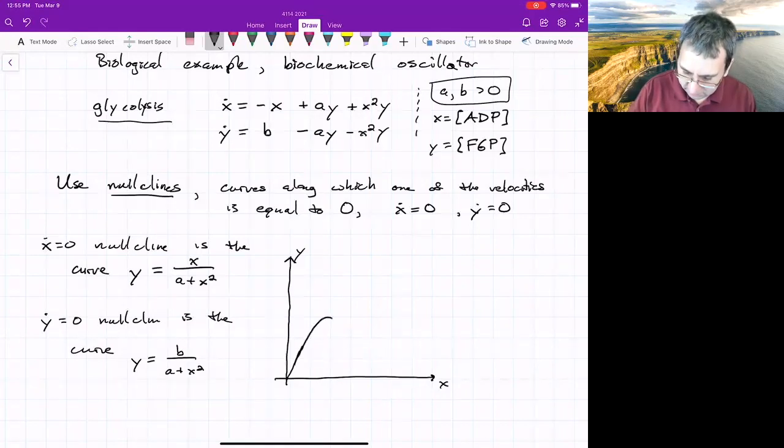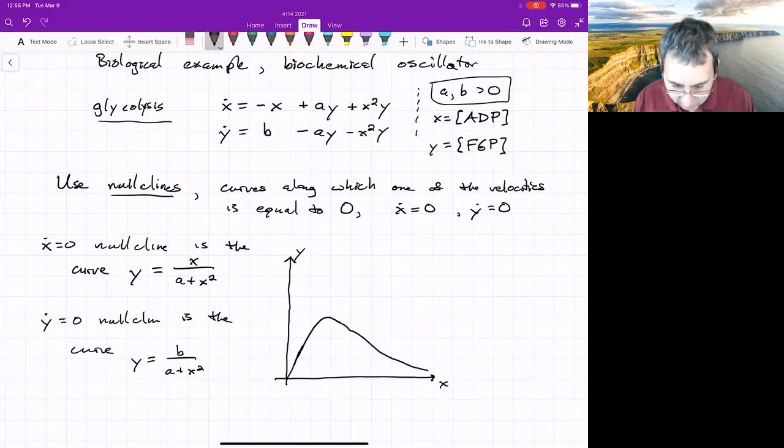It reaches some peak and then it starts to go down. And everywhere along there, this is the x dot equals 0, so there's no x component to the vectors. I will put in some lines, but I won't specify yet which direction the arrows are going. Okay, so this is the x dot equals 0 nullcline.